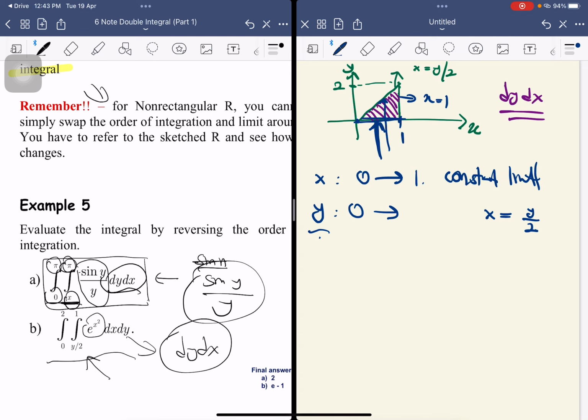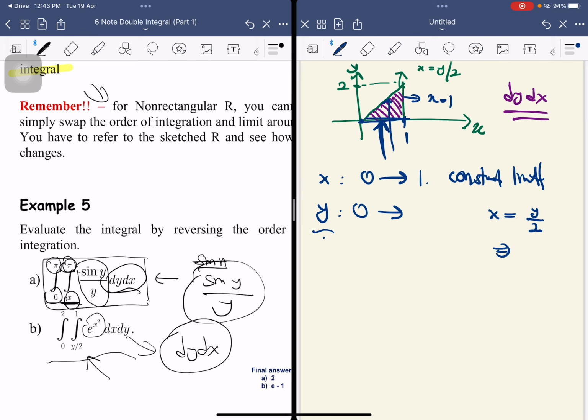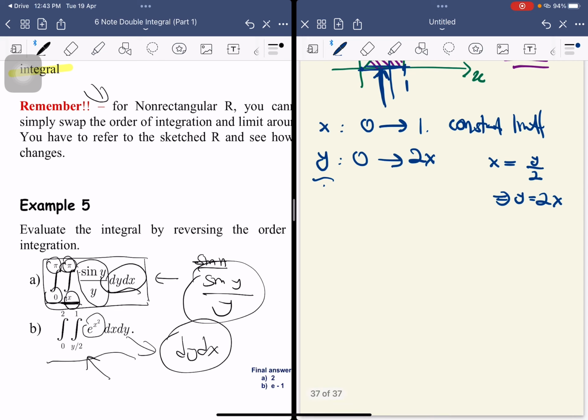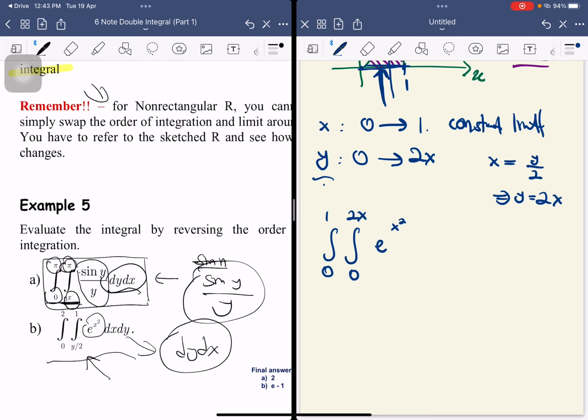So we get y equal to 2x, which means the limit for y is 2x. So the new limit for this question is 0 up to 1, 0 up to 2x, of e to the power of negative x squared, so the new order is dy dx.